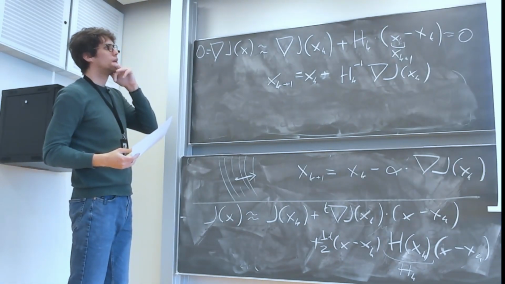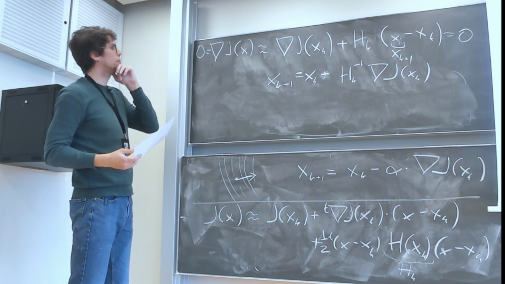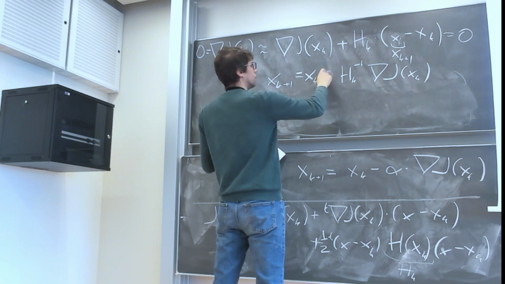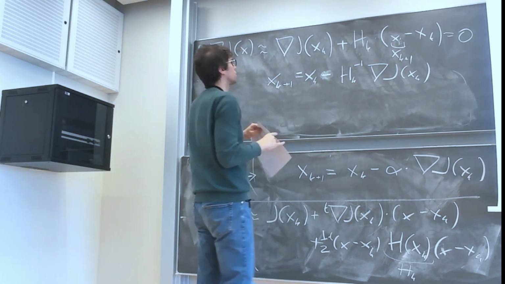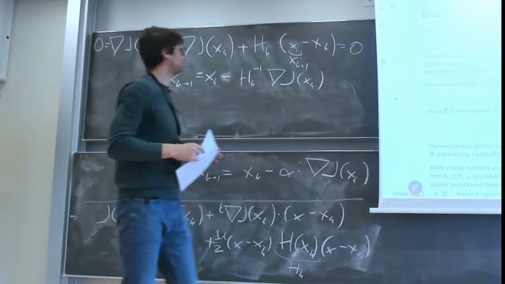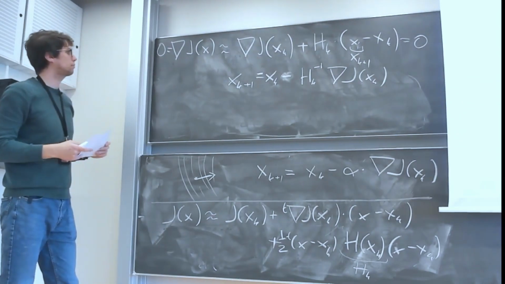And looking, I guess I made a mistake with a minus. First this was minus here, and then we're doing the plus here, so this has to be a minus, because we're putting the gradient of j of xk to the other side. So this should be a minus here. Okay?